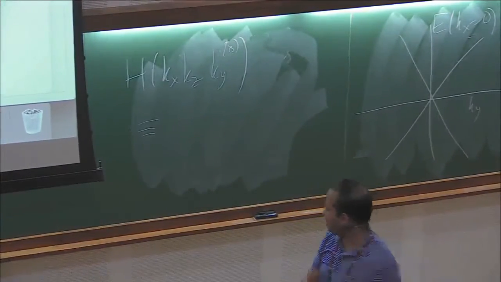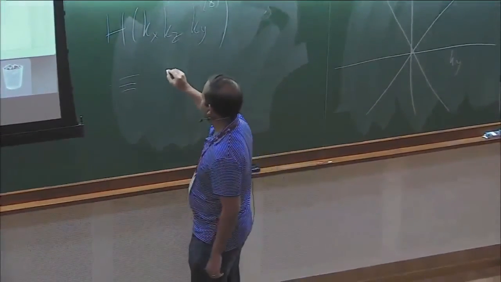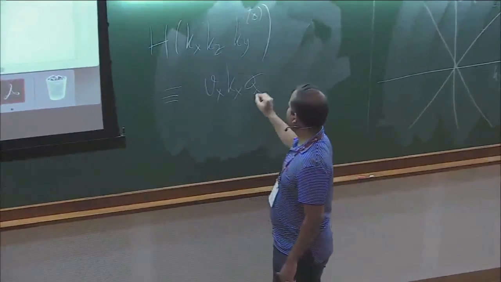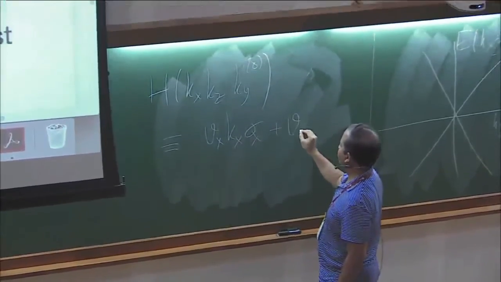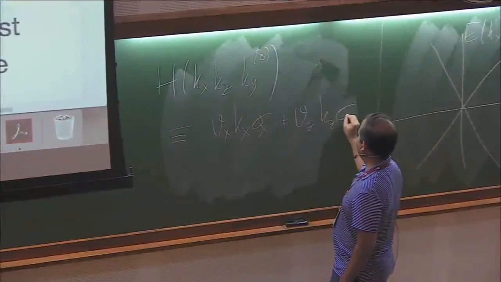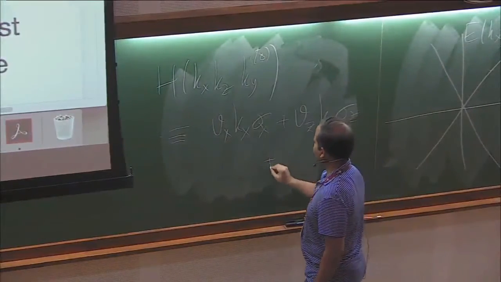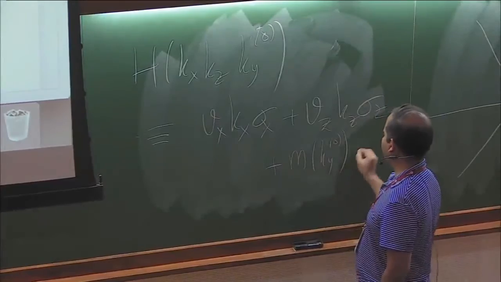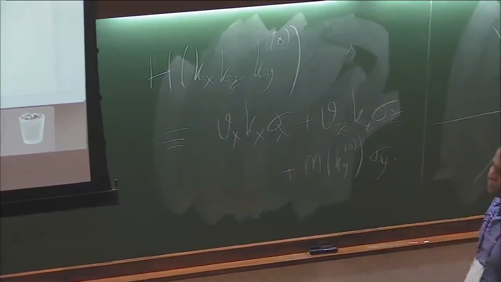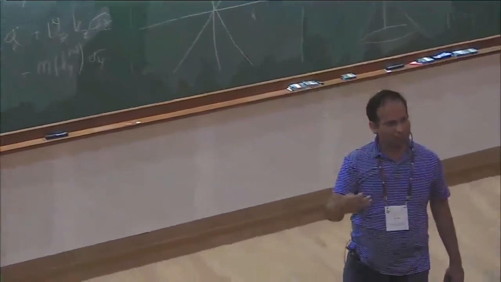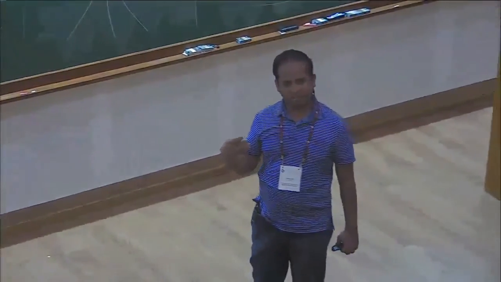Near the transition, it has to be something like Vx Kx sigma x, plus Vz Kz sigma z, plus some mass which depends on ky0 times sigma y. And this mass is what changes sign at the transition.